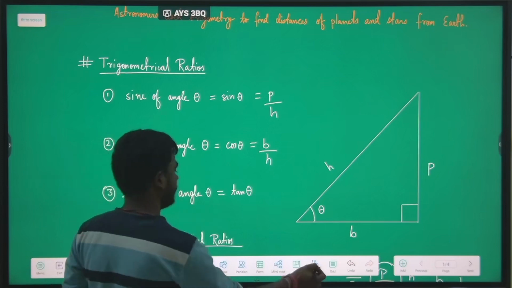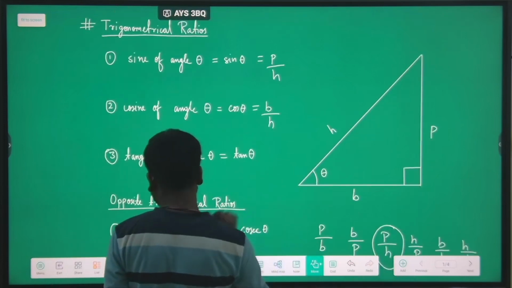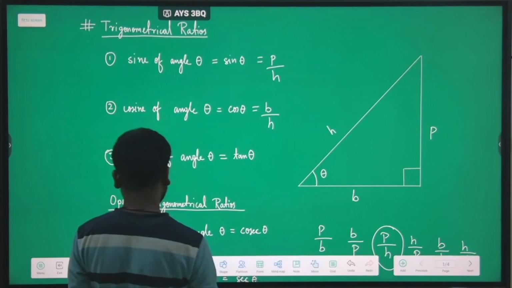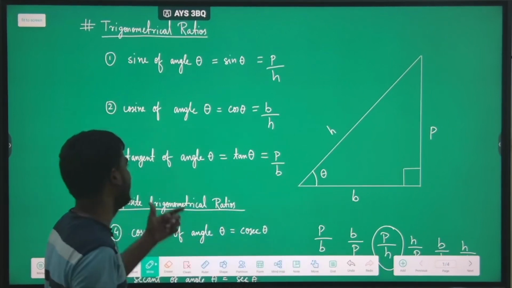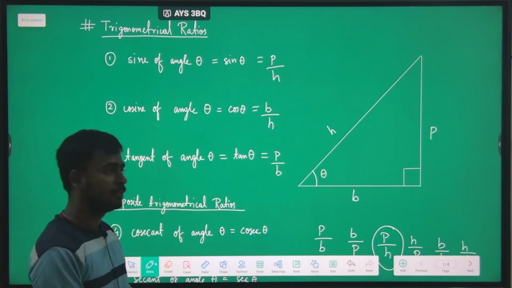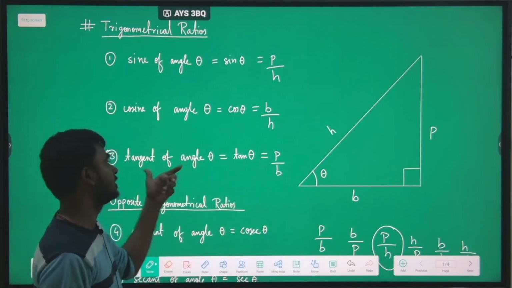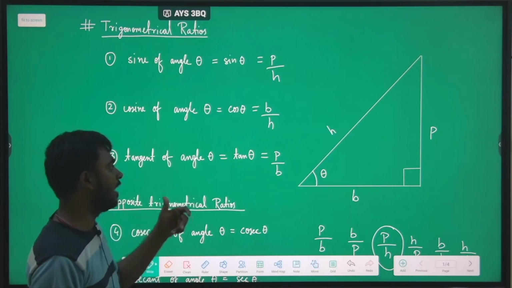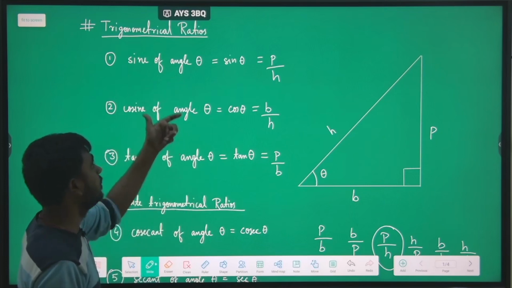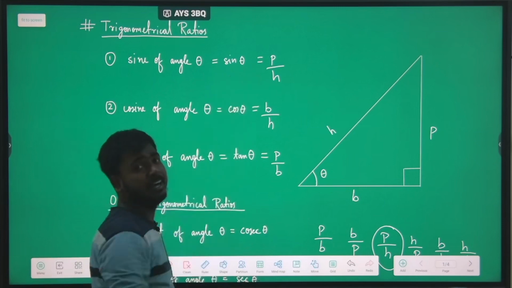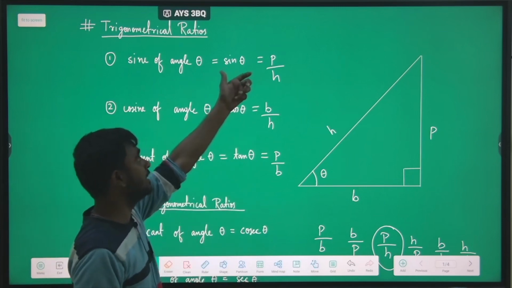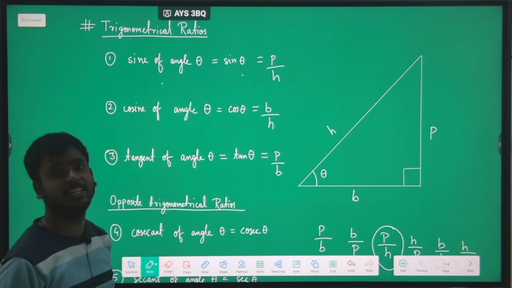Similarly, the third one, P upon B, was referred to as tangent of angle theta. By convention, we write sine theta, but we say sine of angle theta.